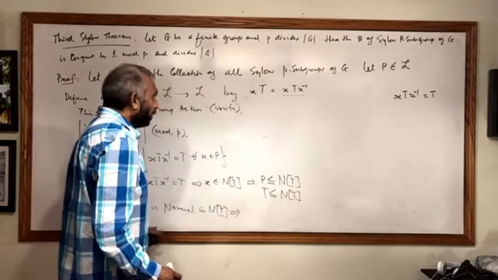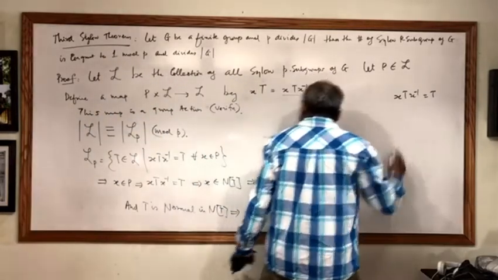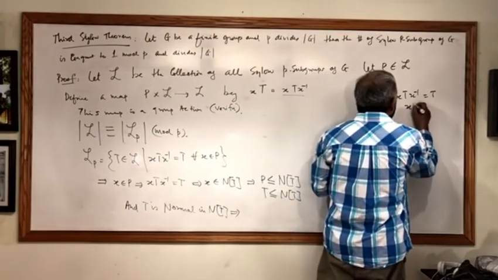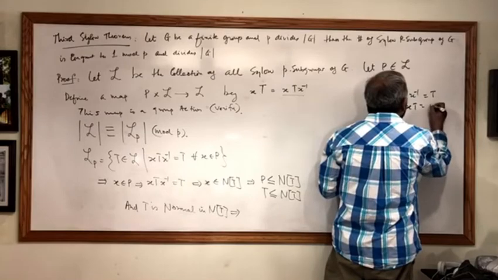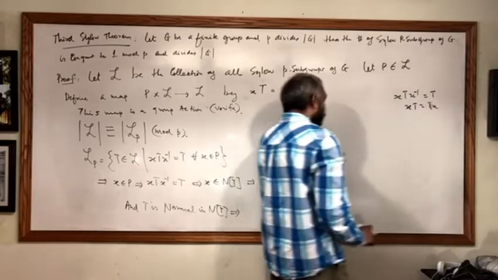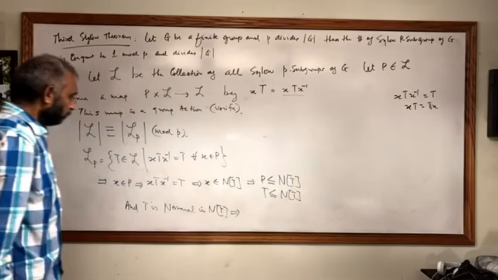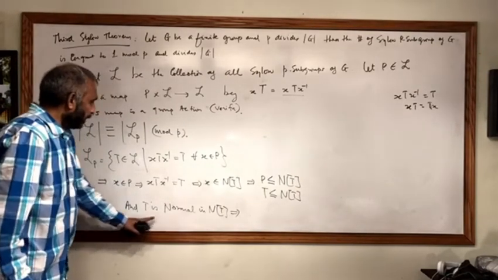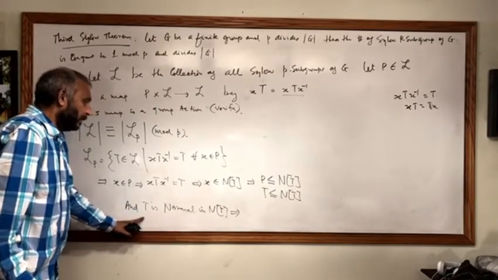So when T is normal, this is true, and that means xT is equal to Tx. So if T is normal, all its conjugates are T.